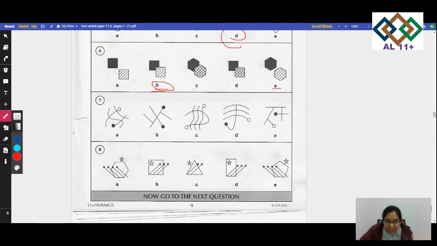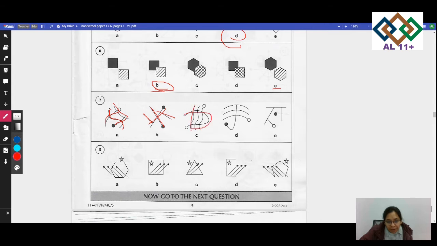Number 7 now. In number 7, they are looking at whether all other shapes contain 4 lines. If you look at the lines of the shapes, all of them have 4 lines except one of them. So which one of them has? If you look at this one, this has 1 line, 2 lines, 3 lines, 4 lines.